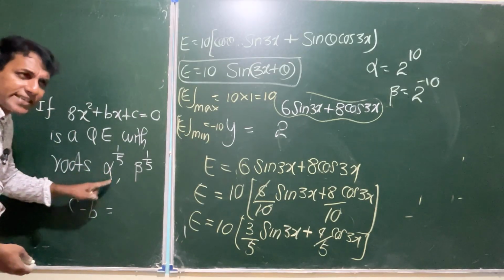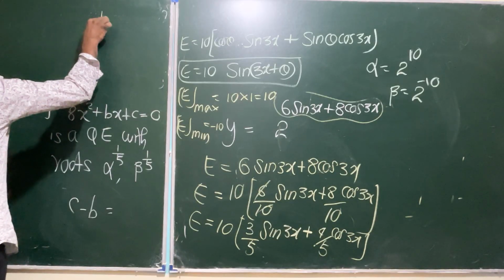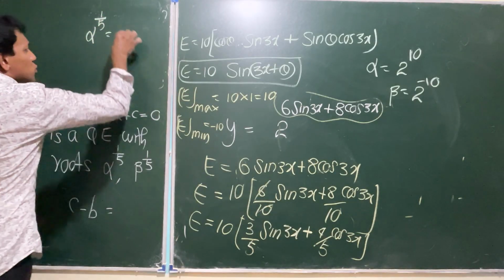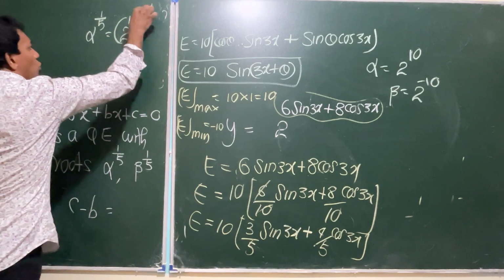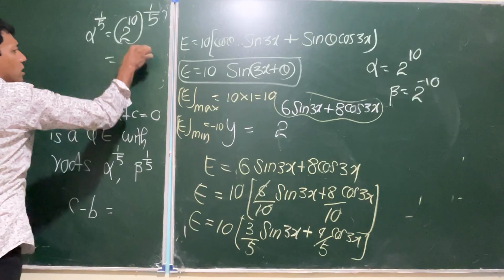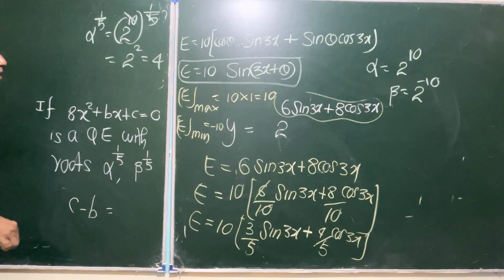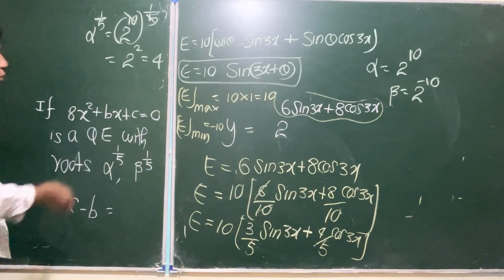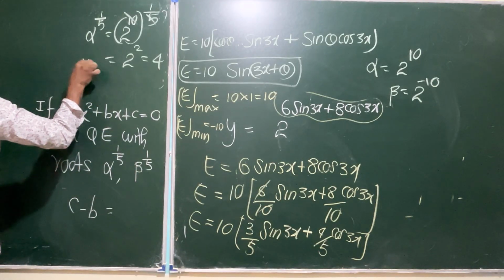Can I find what is alpha to the power 1 over 5? You know, alpha is 2 to the power 10. To the power 1 over 5, the answer is 2 square, 4. Alpha to the power 1 over 5 is 4. What is beta to the power 1 over 5?